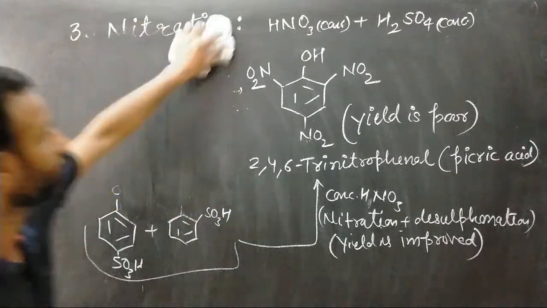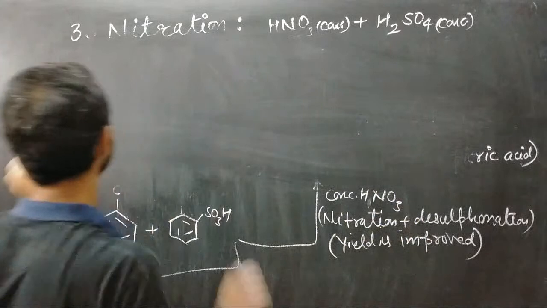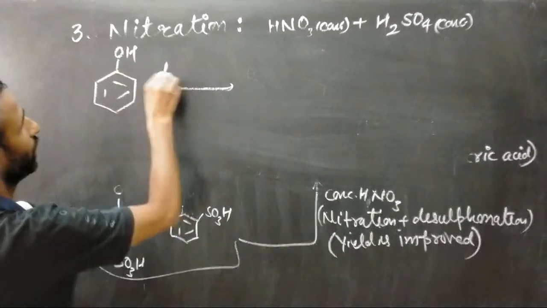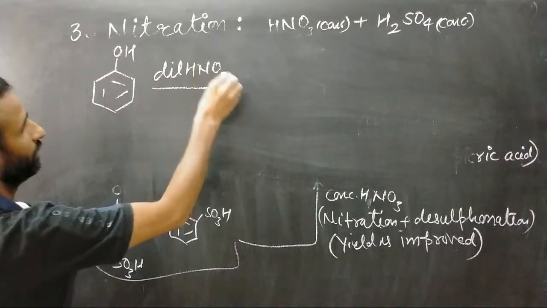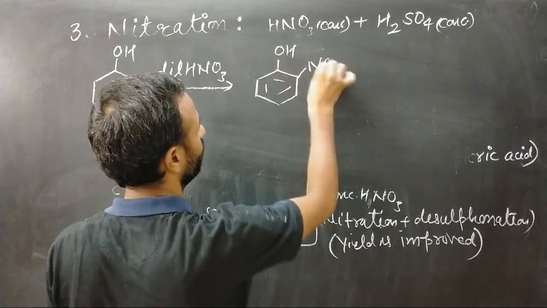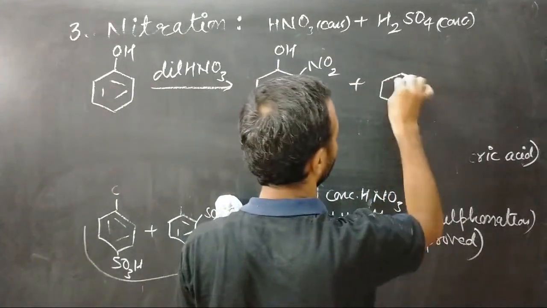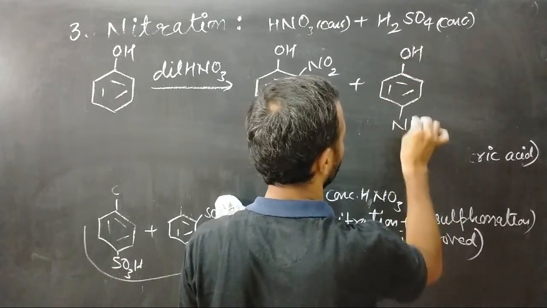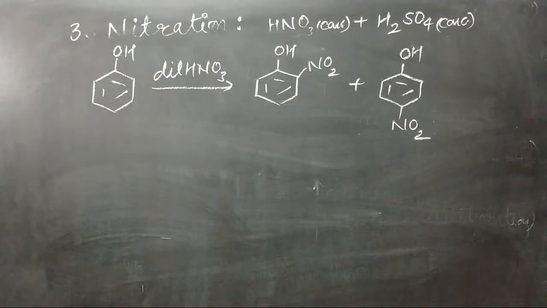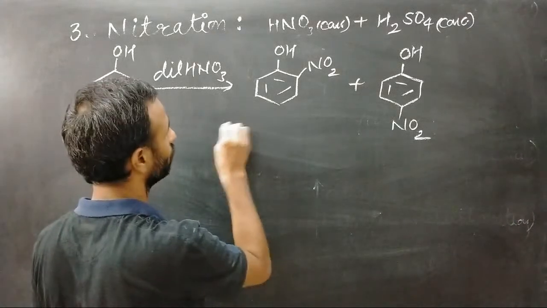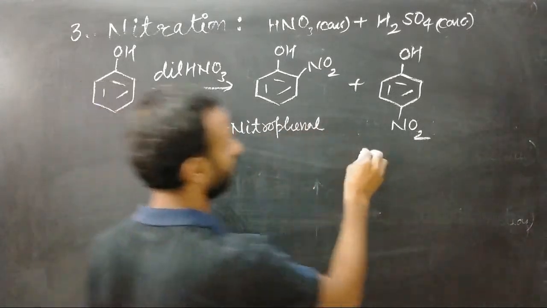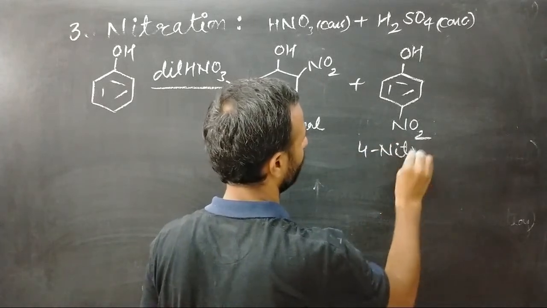Right. Now if phenol is treated with dilute HNO3, then we get orthonitrophenol and paranitrophenol, that is 2-nitrophenol and 4-nitrophenol.